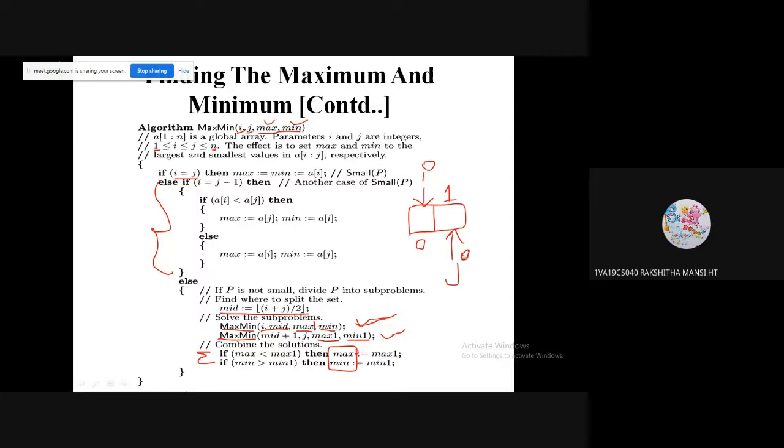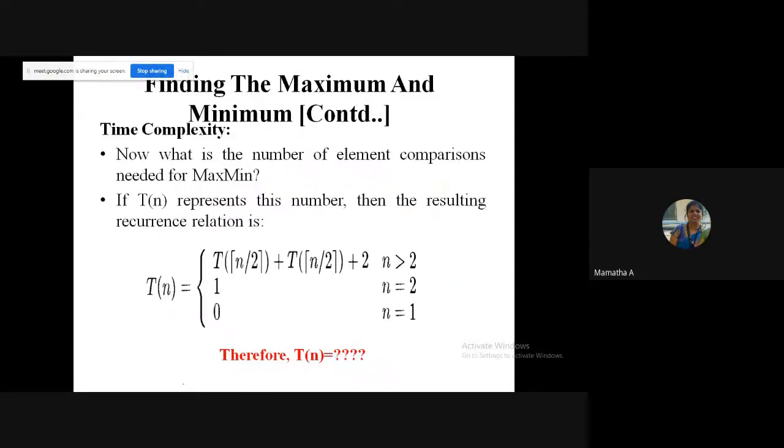2. So my recurrence relation will be like this. What is the number of comparisons needed? If T of n is that number, then T of n is equal to T of n by 2, that is to find maximum and minimum in the first half, plus T of n by 2 to find maximum and minimum in the second half.